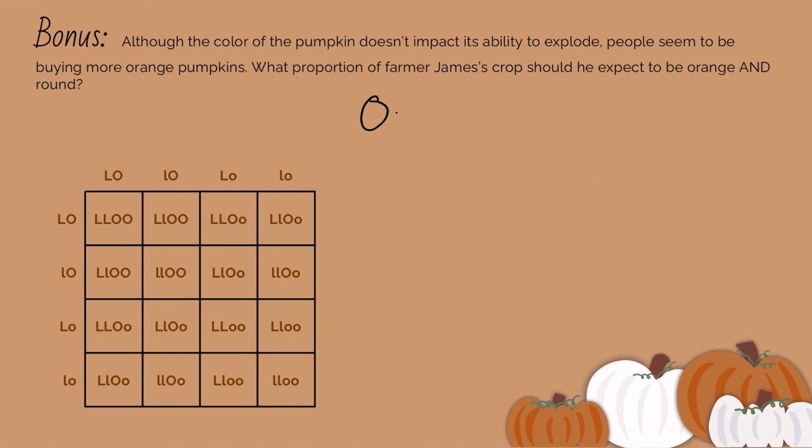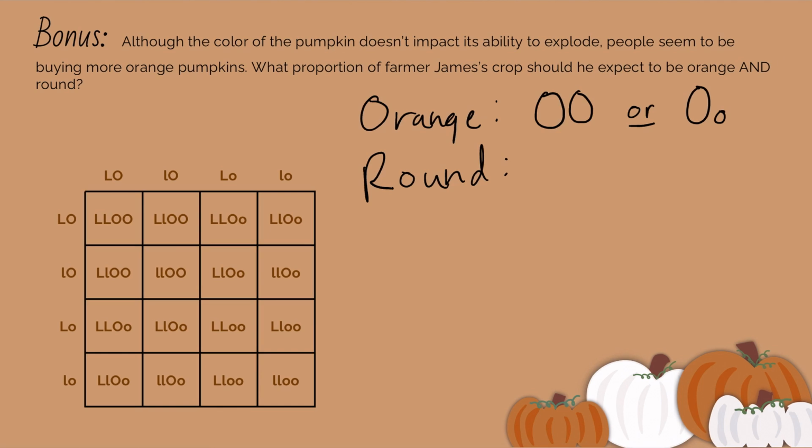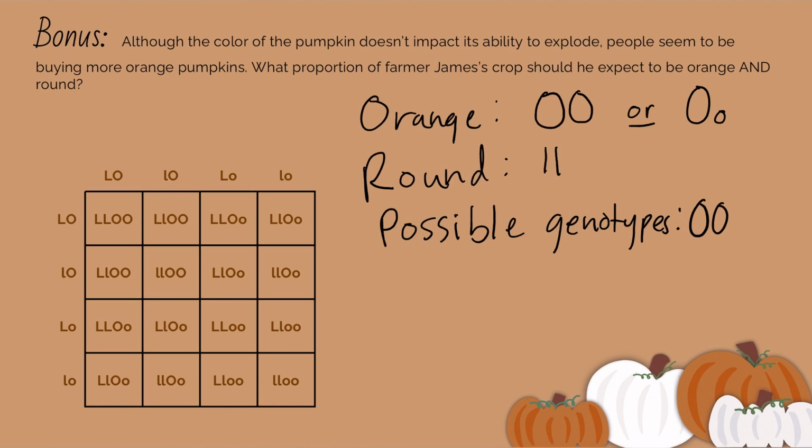So orange is dominant, so these pumpkins can have either two big O's or be heterozygous, but we still need round, so we need two lowercase L's. So our potential genotypes that match what we're looking for would be here.